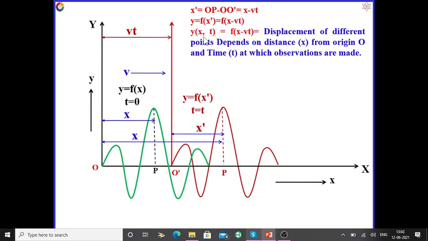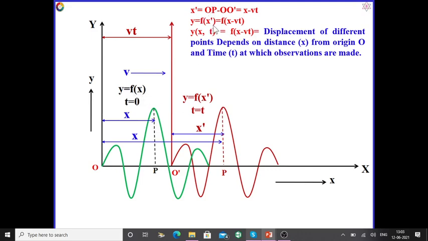So y(x,t), carefully you have to observe. y(x,t) means the disturbance along the y axis at a particular point x and after time t. So at t equal to 0, what is the function? f of x only.